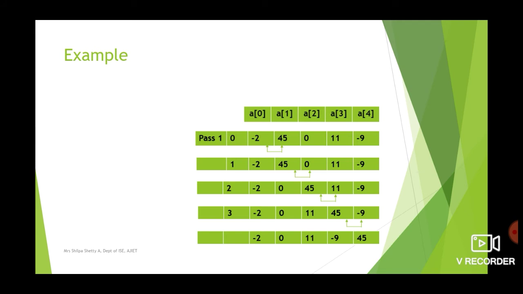If you observe, 45 is the largest element of the array that occupies the last position in the array. There were 4 comparisons in this particular pass, that is -2 with 45, 45 with 0, 45 with 11 and 45 with -9. So this is the first pass of the array.